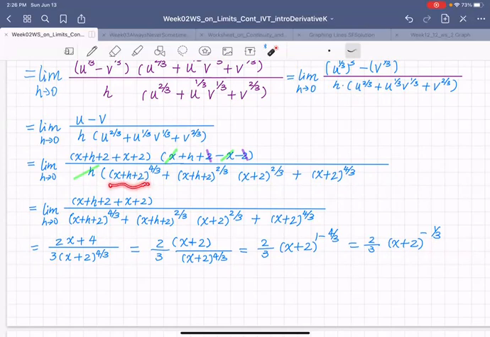And then the denominator is very interesting because look at this. h is gone. So this is x plus 2 to the power of 4/3. h is gone. So this is x plus 2 to the power 2/3, times this guy again itself. Exponential property: you add them together.